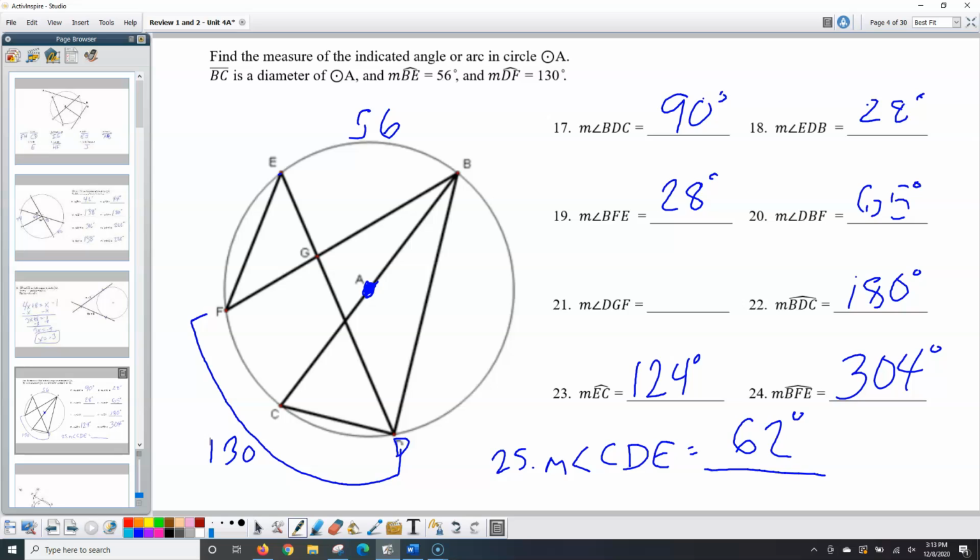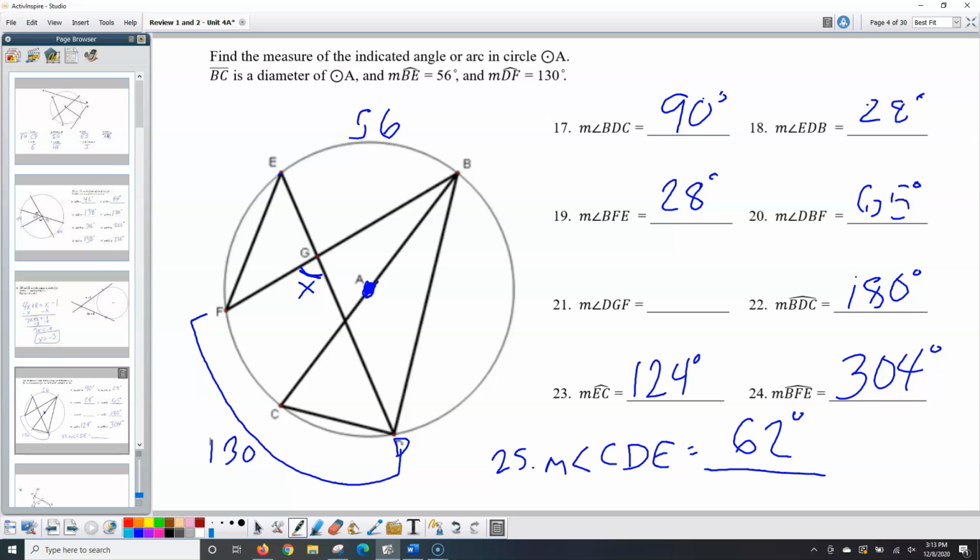All right, let's go back to number 21. It says angle DGF. DGF is right here. Okay, I'm going to put an X right there. That's an interior angle. It's not a central angle. It's not an inscribed angle.